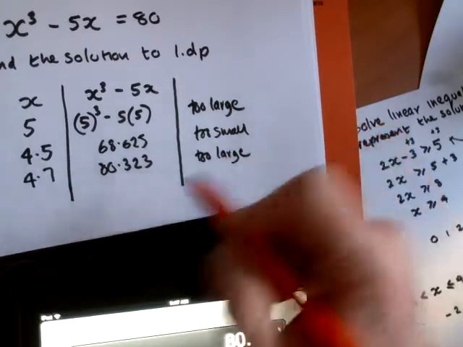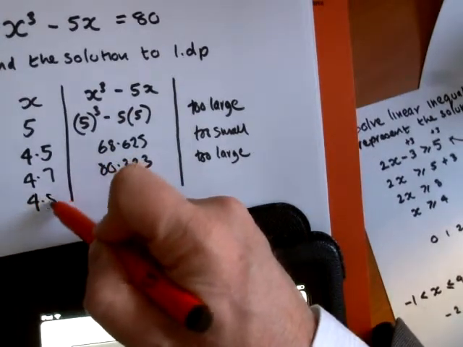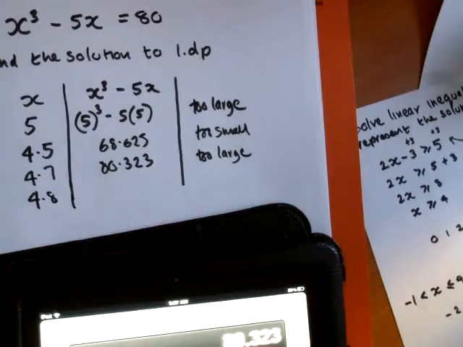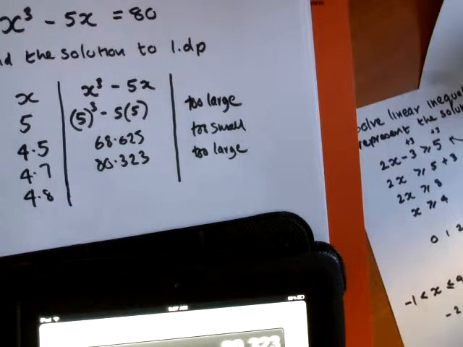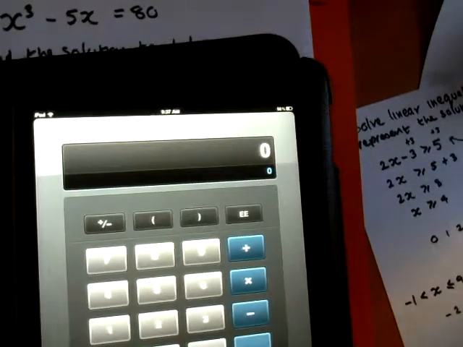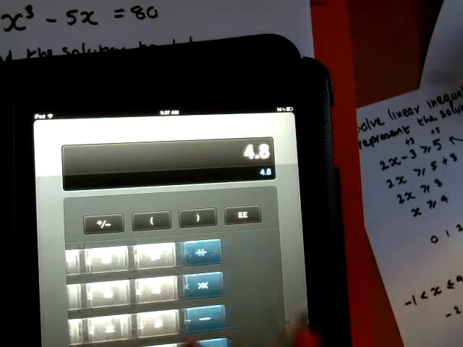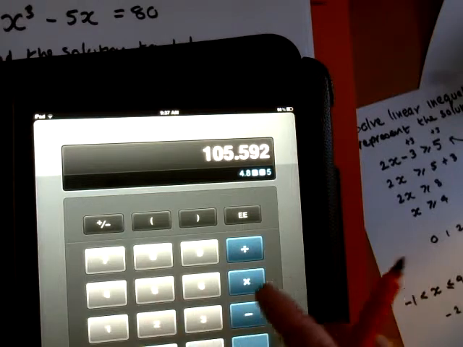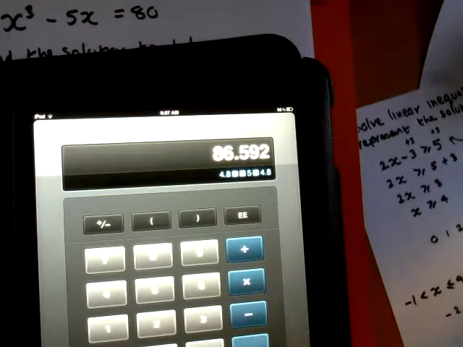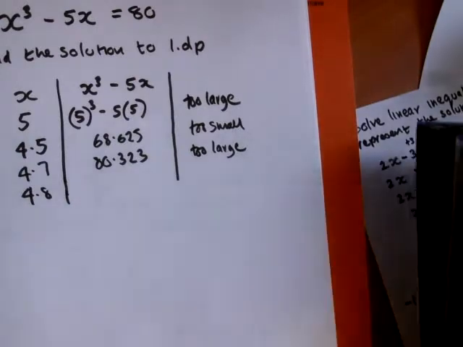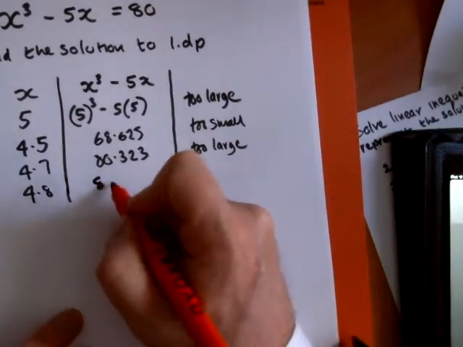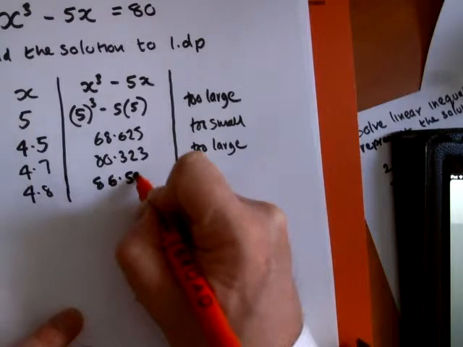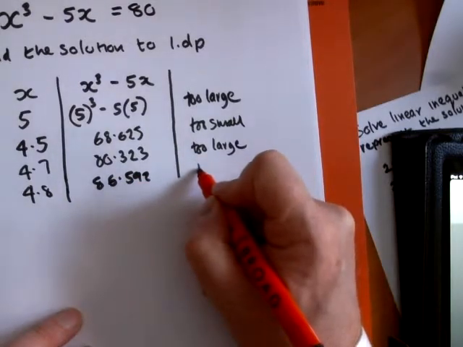Now this is likely to be the best answer in terms of how close I can get using a value of x to one decimal place, but I will just check 4.8. So I'll try 4.8 cubed minus 5 times 4.8. It's 86.592, which is too large.